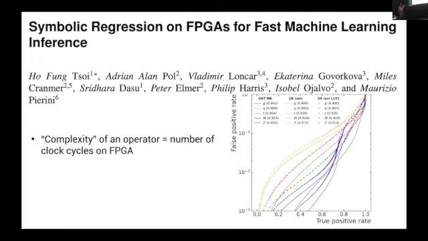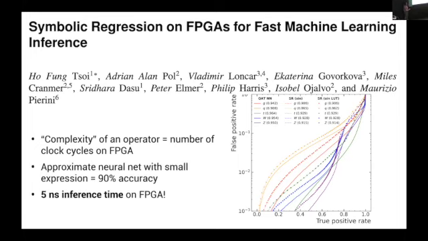So you're trying to find an accurate approximation that also takes very few clock cycles. We get about 90% accuracy, and a 5 nanosecond inference time on the FPGA, which is really cool. It's cool that you're able to use this in other ways of distilling a network into a symbolic form.